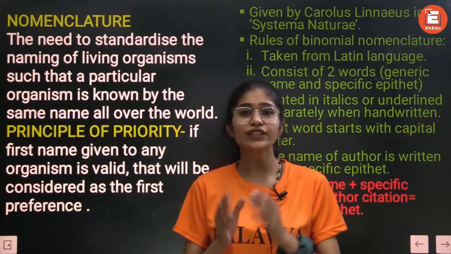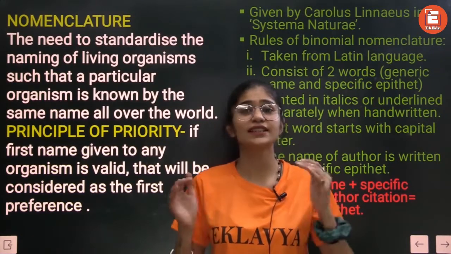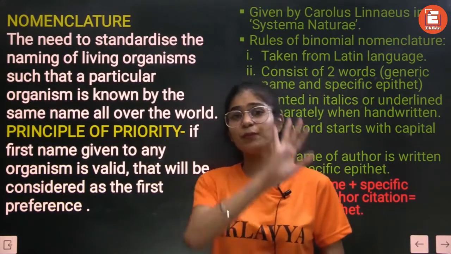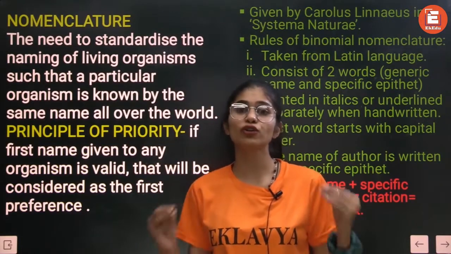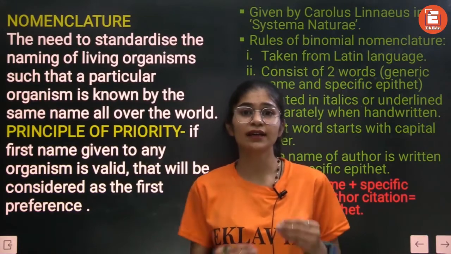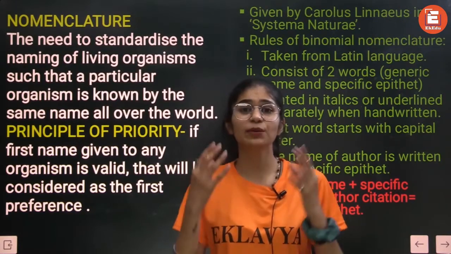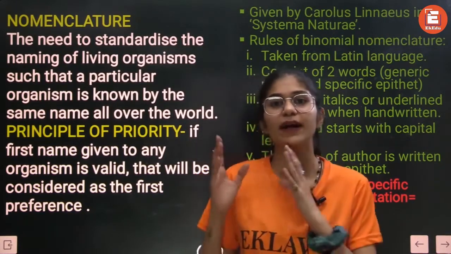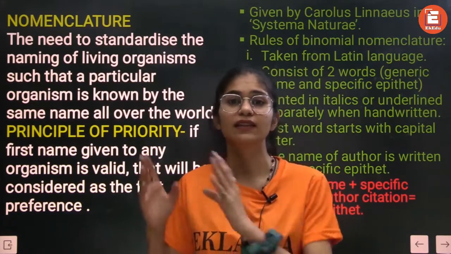So a mango is not known as Mangifera indica just in India. Every place around the world, if you talk to somebody and tell them that we want Mangifera indica, they will understand it's a mango, irrespective of the language you're using in the country.